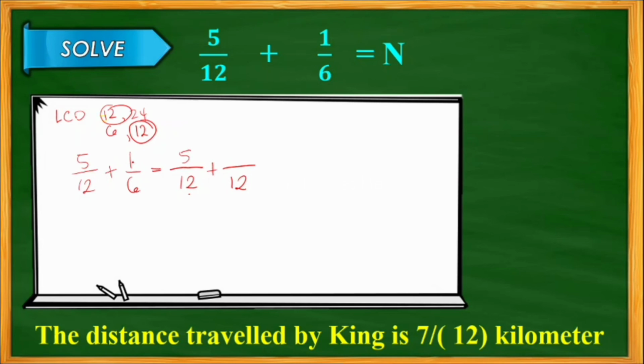Then 2 multiplied by 1, the answer is 2. Then perform the operation. So 5 plus 2, the answer would be 7. And then copy the denominator 12. So this would be the final answer, because there is no common factor. 7/12. So this would be correct. So the total distance traveled by Kite is 7/12 kilometer.